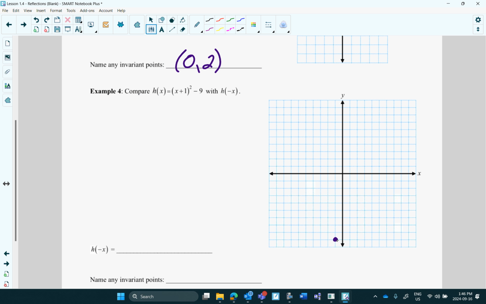It's positive, no number stretching it. So it's just what I kept calling last year a regular parabola. It's going to look like that. So this is h of x equals (x plus 1) all squared minus 9.